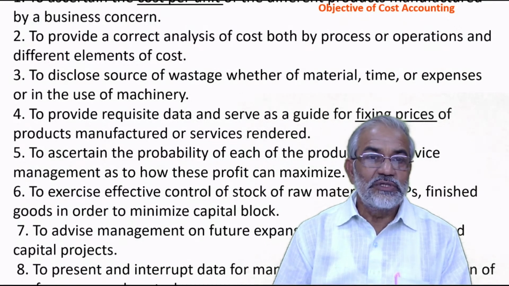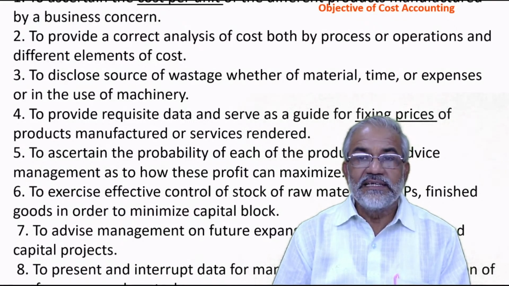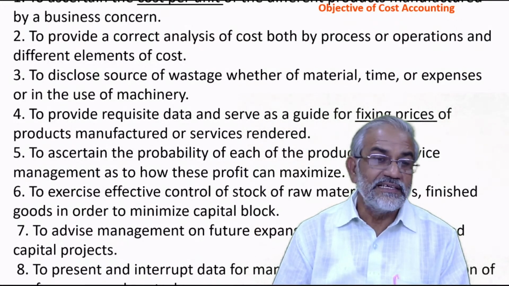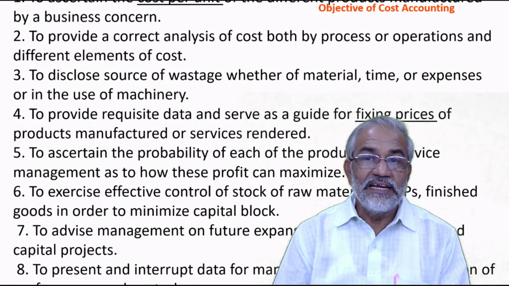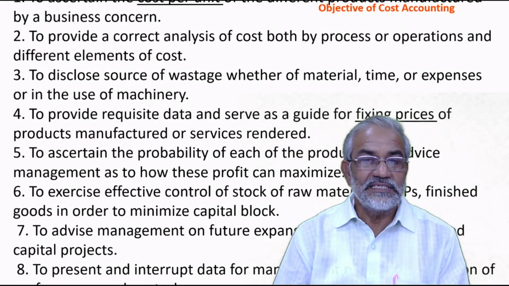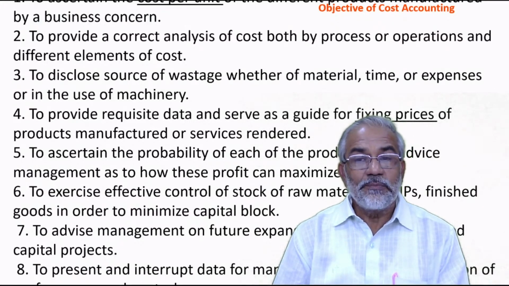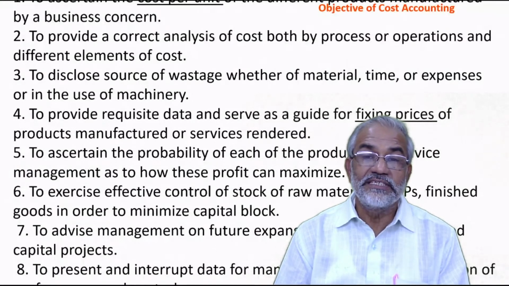Third, to disclose sources of wastage, whether of material, time, or expenses, or in the use of machinery. Fourth, to provide requisite data and serve as a guide for fixing prices of products manufactured or services rendered. Fifth, to ascertain the profitability of each of the products and advise management as to how this profit can be maximized.